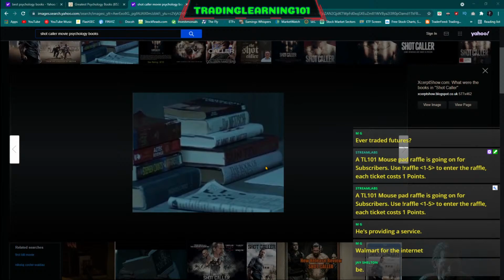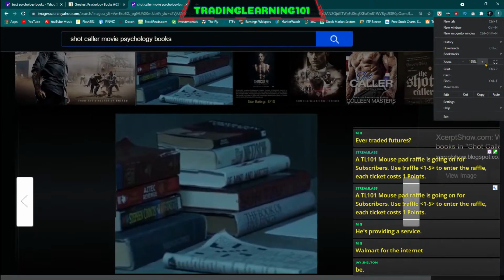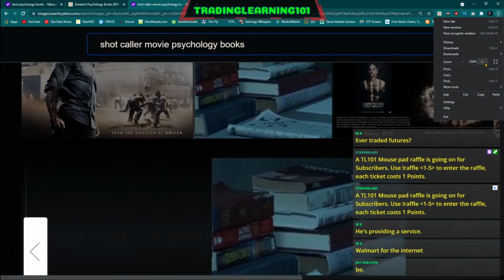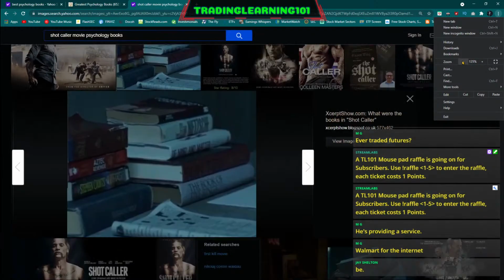A lot of businessmen read that book. Let's see what else they got. The Book of Five Rings. I can't zoom in.